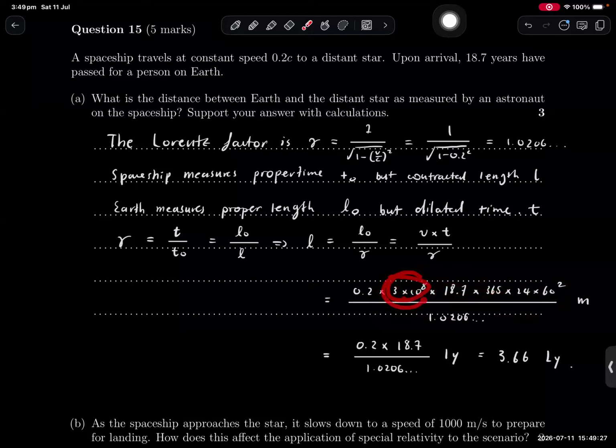So this multiplication is literally the distance per light year, the distance in meters per year. So to transform this into light years, you just divide by that, which means you just need to calculate this and then put your unit as light years.